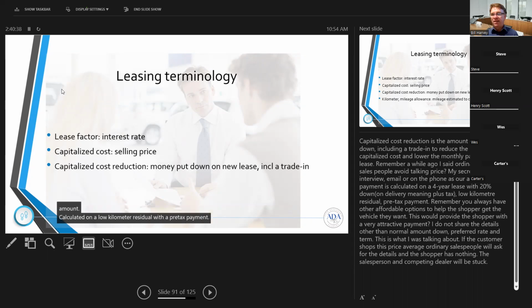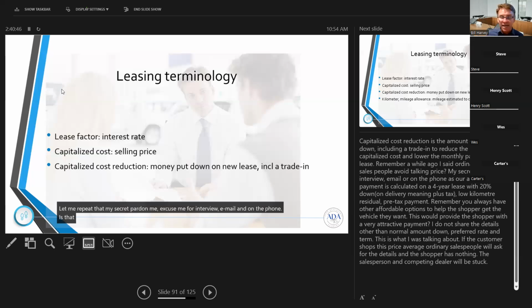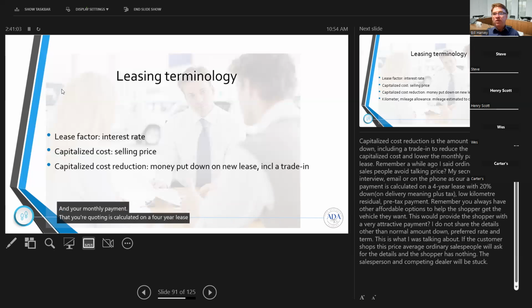Let me repeat that. My secret for interview, email, and on the phone is that our advertised payment on any vehicle, you can do this on any vehicle, even if it isn't advertised, and your monthly payment that you're quoting is calculated on a 4-year lease with 20% down, low kilometer residual, pre-tax payment.